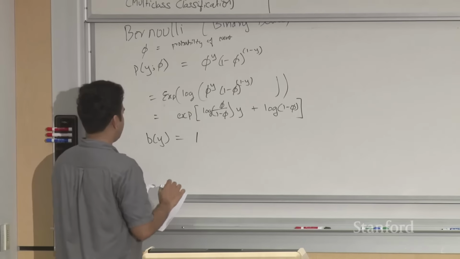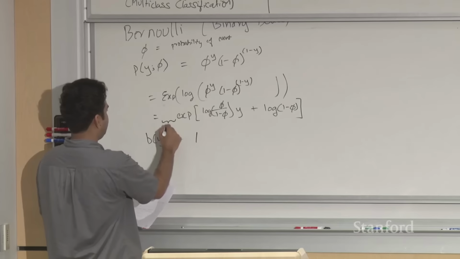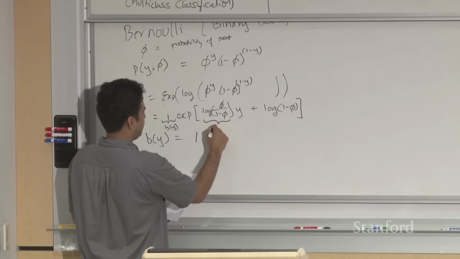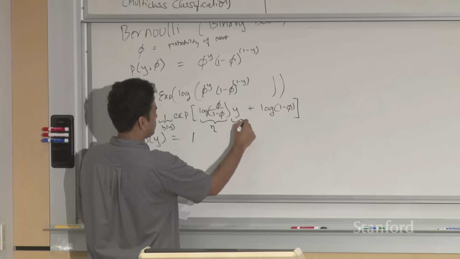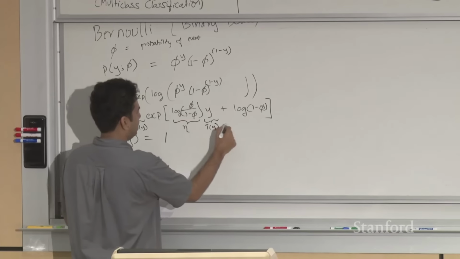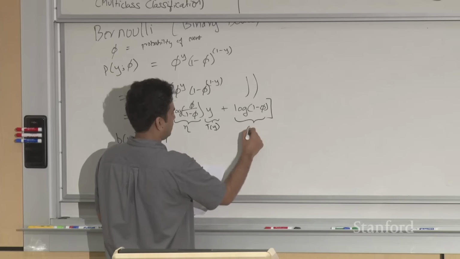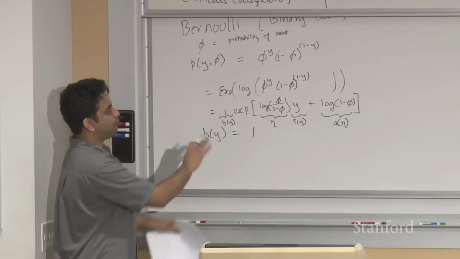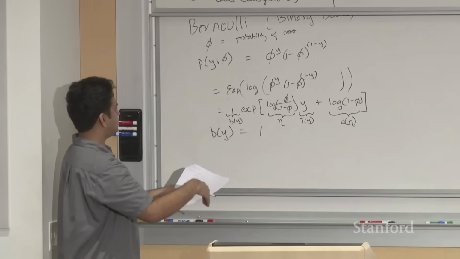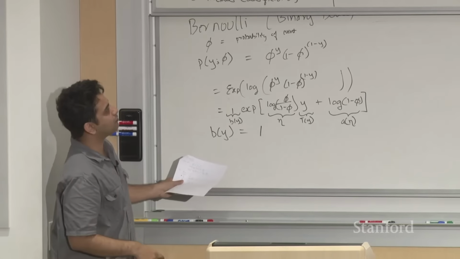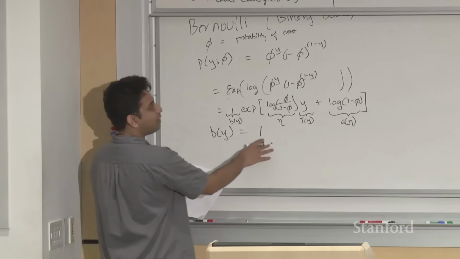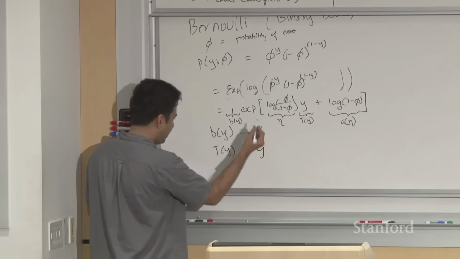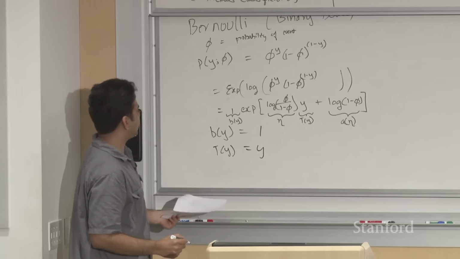This would be B of y, this would be eta, this would be T of y, and this would be A of eta. You can see that they match in pattern. So B of y would be 1, and T of y is just y, as expected.